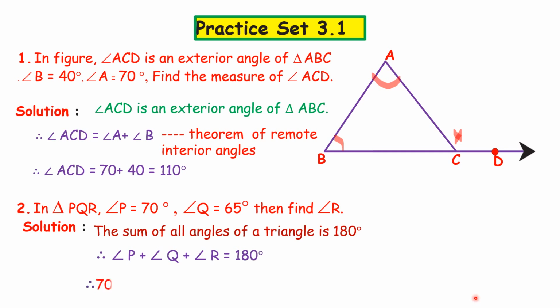Now substitute the values. 70 plus 65 plus angle R is equal to 180. 70 plus 65 is 135. So, angle R is equal to 180 minus 135, which is 45. Now write down the answer. Angle R is equal to 45.